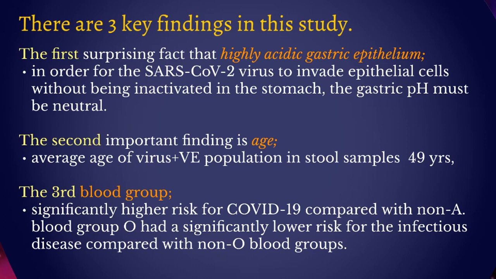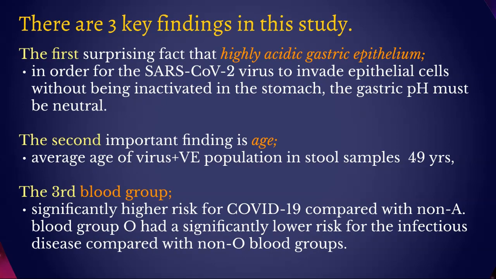So the virus is completely inactive in high acid, between pH 1 to 3 at temperature 39, but in pH conditions between 5 to 9 there was little effect on virus titer regardless of temperature. In other words, for the virus to invade the epithelial cell without being inactivated in the stomach, the gastric pH must be neutral.